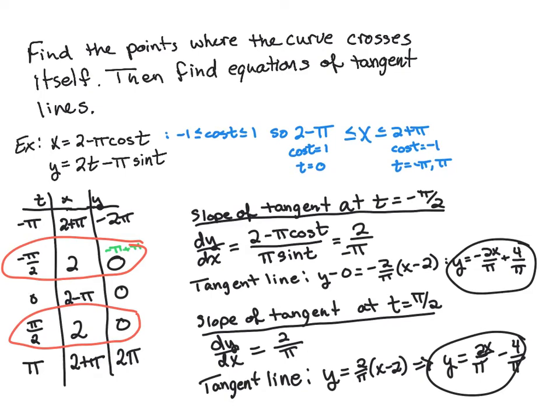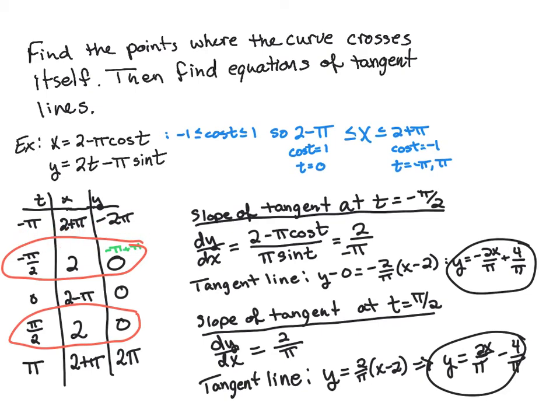So finding the place where the curve crosses itself, notice there's a graph of it on the next page. I'm going to start at minus pi because it was one of my important places, and I'm just going to go up a half pi each time. You see how I left a big space here?